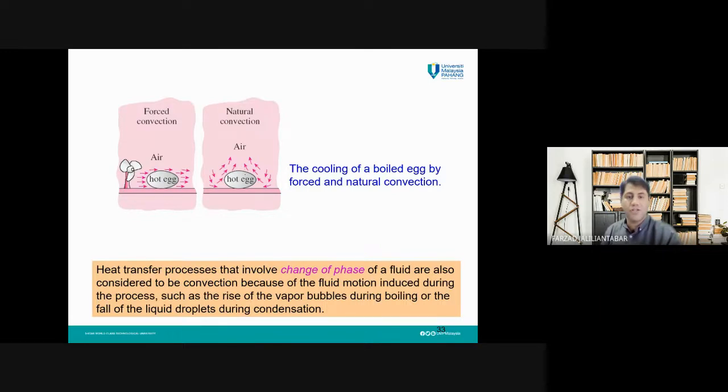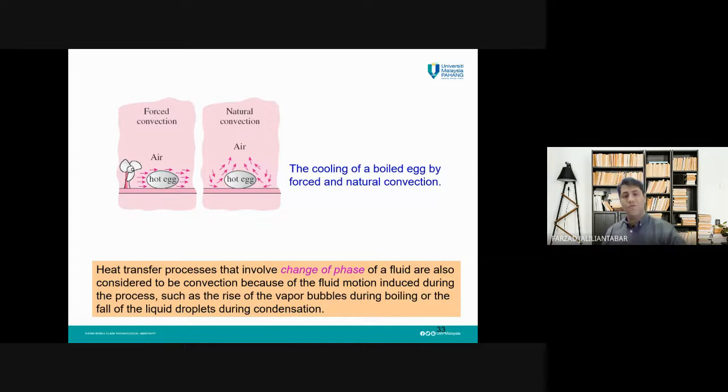Natural convection heat transfer, like a hot egg on the table without any fan. Natural convection happens due to the change in the density of the air. As you know, if the temperature of the air or any other type of gas changes, its volume also will change. Changing the volume will cause a change in the density of that gas.